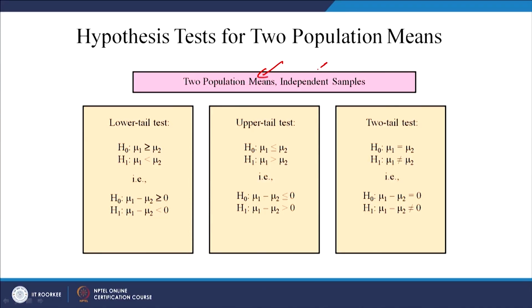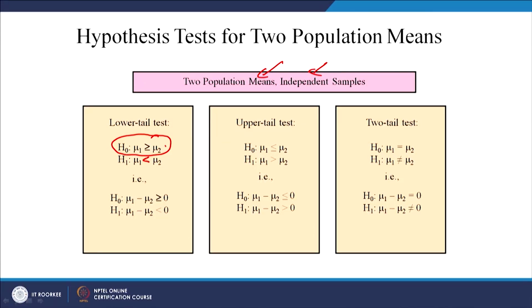So, you can have two population means and independent samples. Let us say this is your null hypothesis, where you are saying that the mean of population 1 is greater than or equal to the mean of population 2, and the alternative hypothesis has just one sign. The alternative hypothesis is that the mean of the first population is less than the mean of the second population.